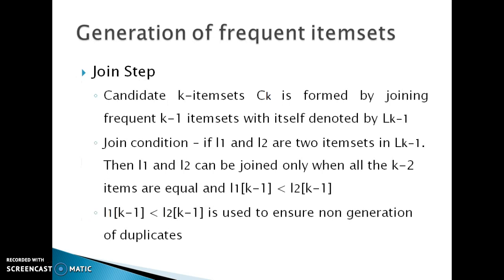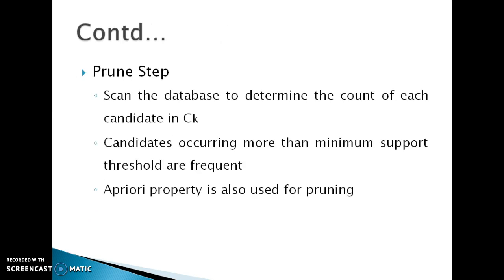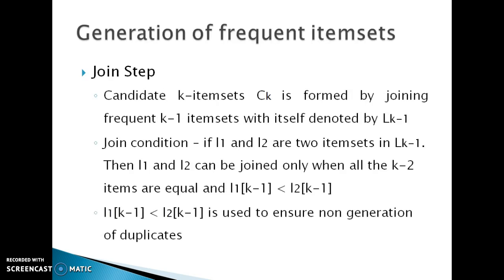Next, it works in 2 steps. One step is the join step and the second step is the prune step. In the join step, we generate item sets called candidates. Normally, the rule is that a candidate K item set will be formed from the frequent item sets generated in the previous iteration, that is, the frequent K minus 1 item sets.